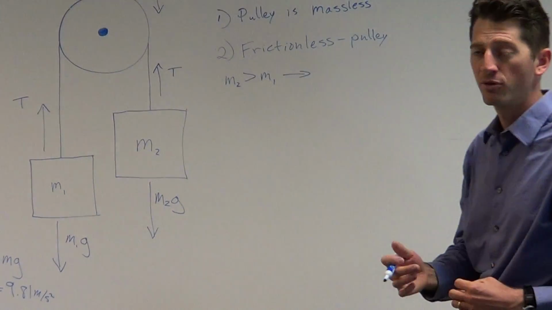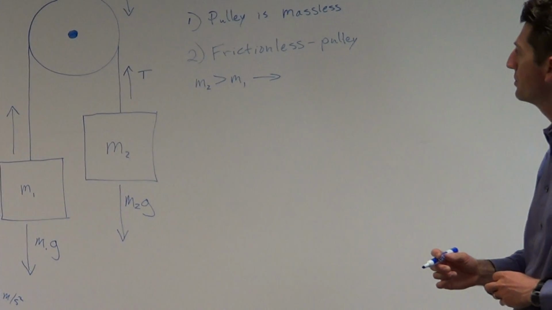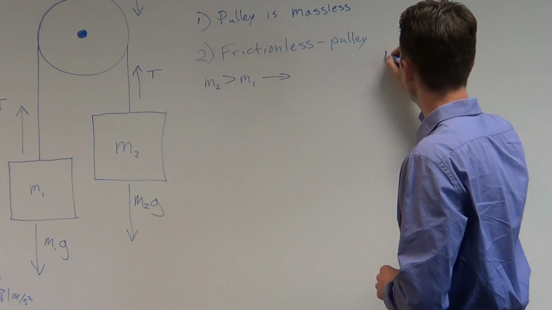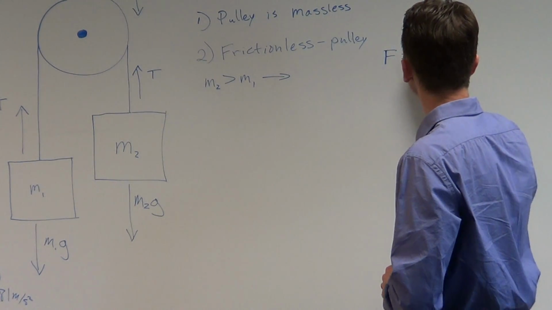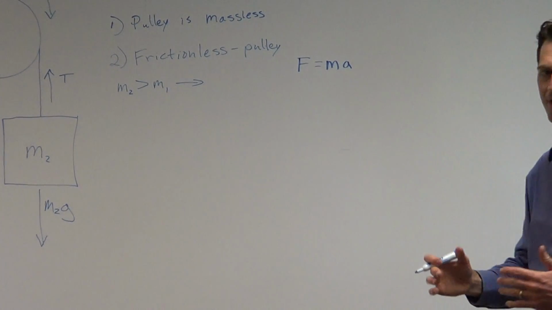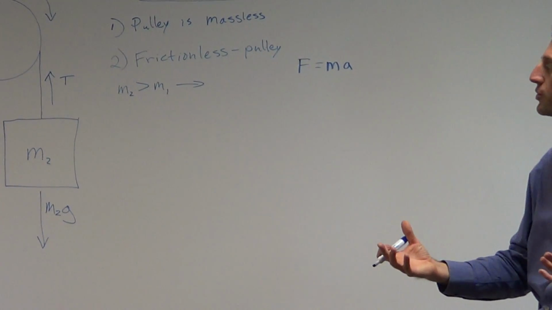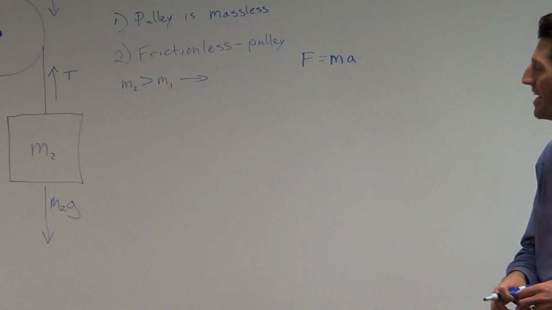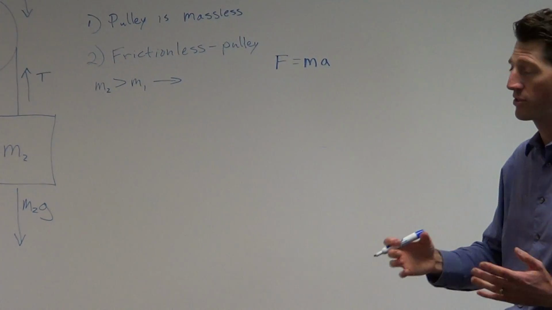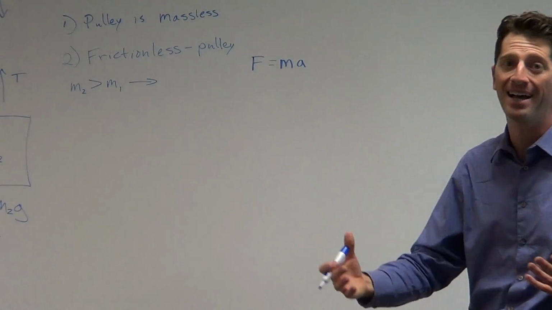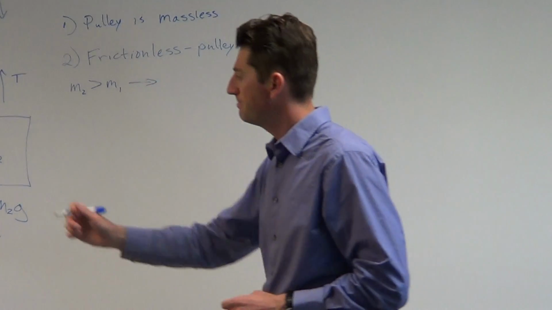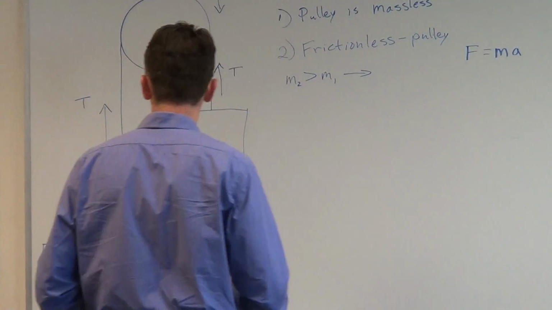Now before we write out our equations, we're going to keep one thing in mind: force is equal to mass times acceleration, always. So just get that in your mind, force is equal to mass times acceleration. And the sum of all these forces is going to be some type of mass times acceleration as well. So let's look at what's going on with mass 1.